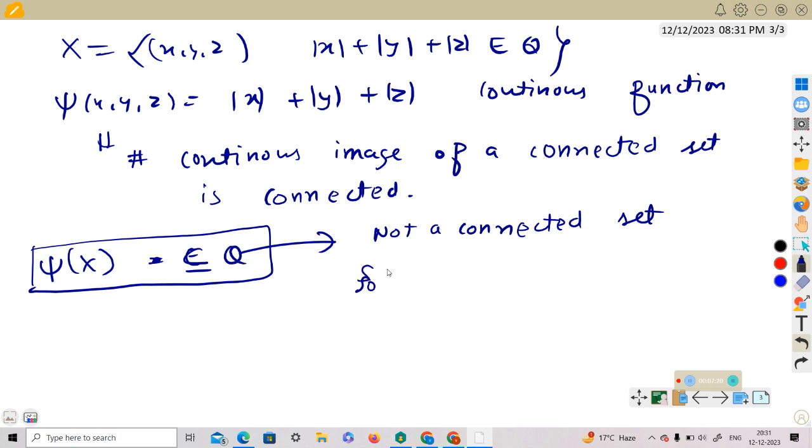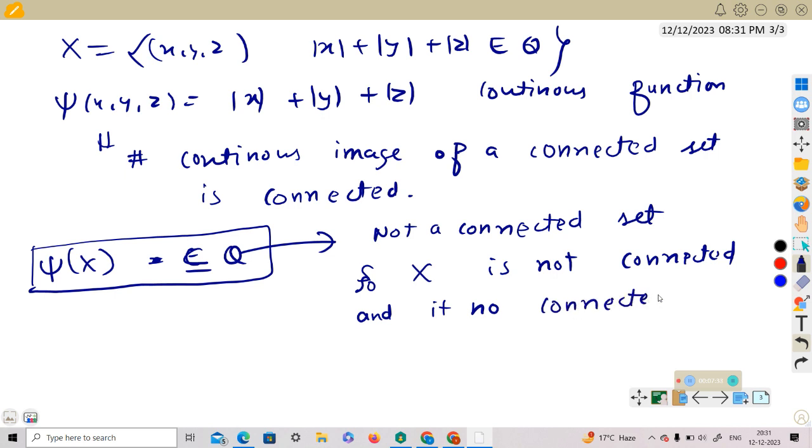So X is not connected and it has no connected component, because no subset of Q is connected. Q is totally disconnected.